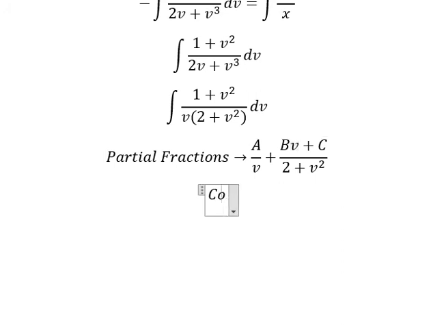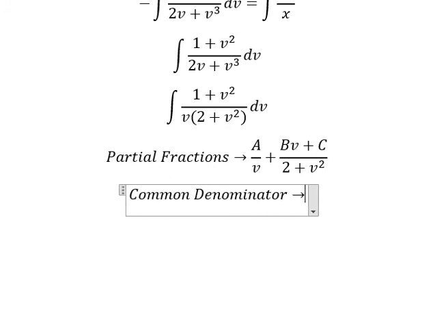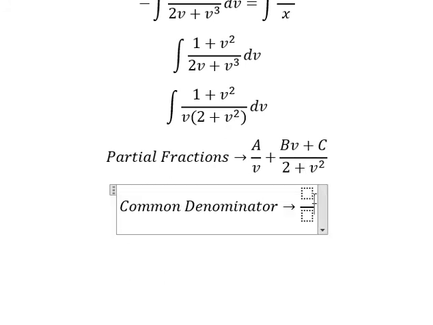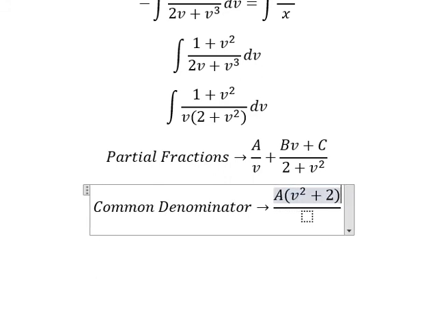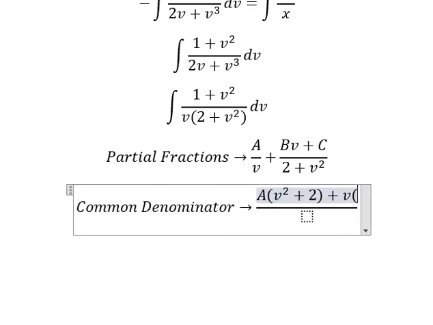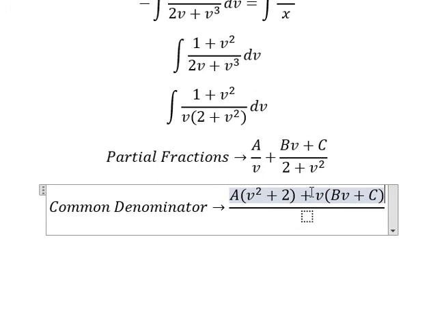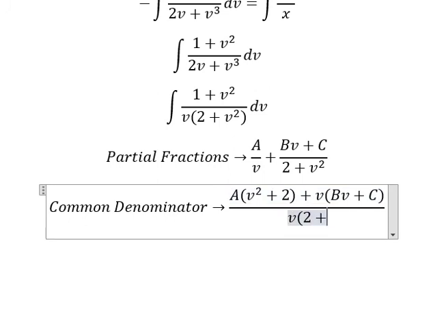So we do common denominator. So A multiplied by v squared plus 2 and v multiplied by Bv plus C. So we will have v multiplied by 2 plus v squared.